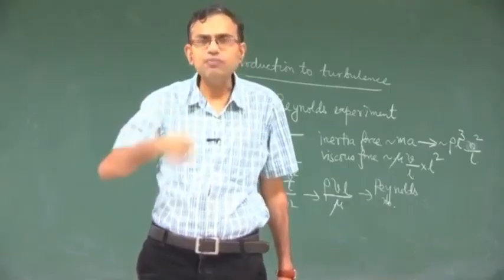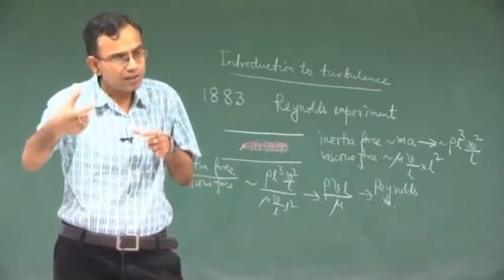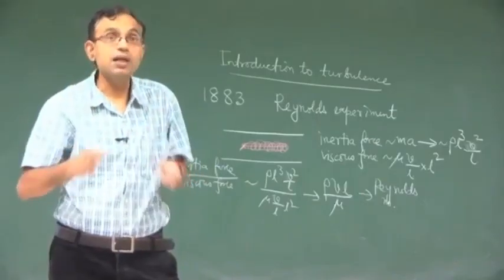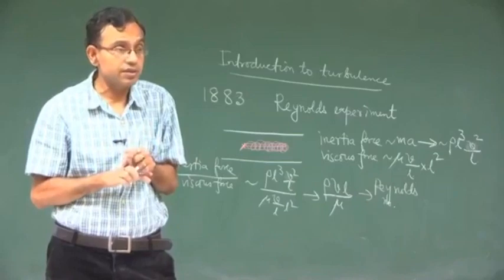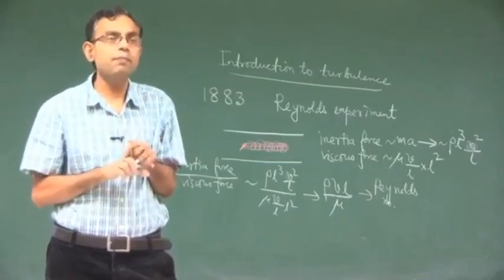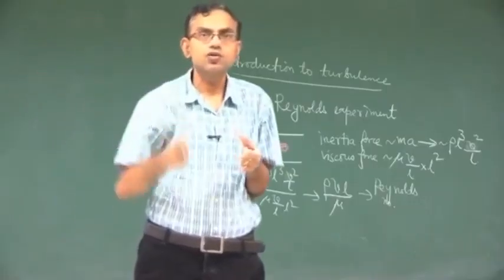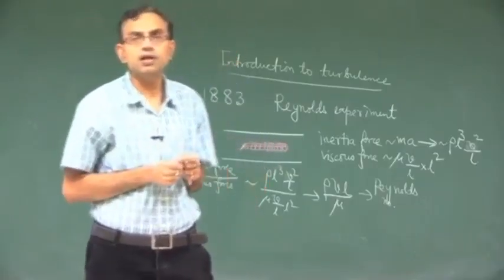But above the critical Reynolds number the disturbances may or may not get amplified, it depends on the level of disturbance. But below the critical Reynolds number it will always get dampened out no matter how large the disturbances are. So, this is a very important concept.